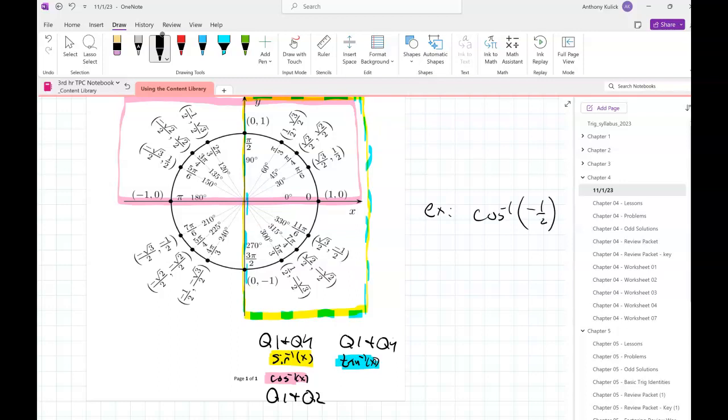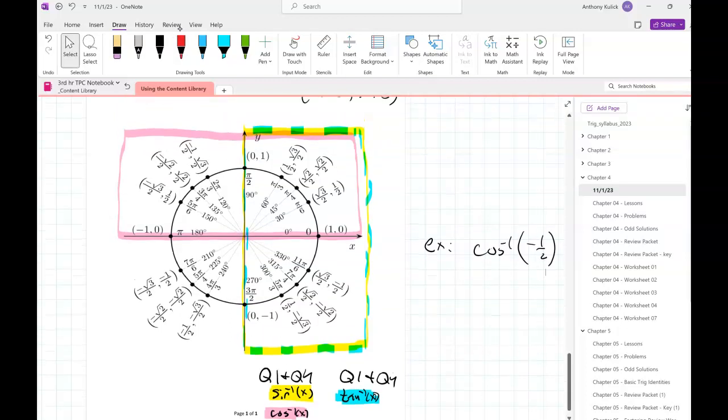So let's say we do cosine inverse of negative 1/2. Focus, please. Cosine inverse of negative 1/2. First thing I want to check is, is negative 1/2 an acceptable input? Yes, that's between negative 1 and 1. So what quadrant do I go looking in for cosine inverse of negative 1/2?